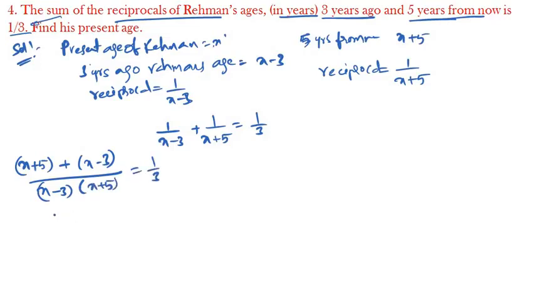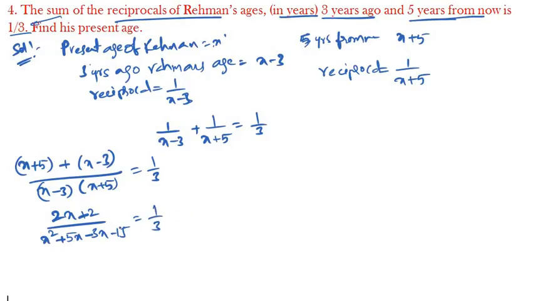Here it will come 2x plus 2, divided by x square plus 5x minus 3x minus 15, is equal to 1 by 3.